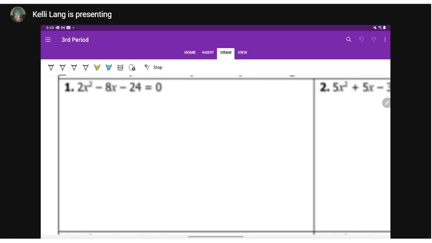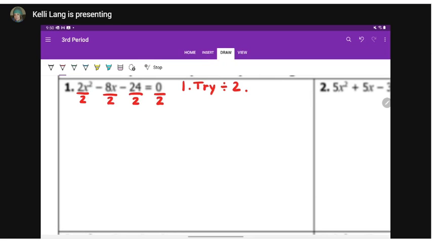When your expression starts with a number, like a 2x squared, the first step we always try is to divide by that number. So I'm going to try to divide my entire expression by 2 to see if it can simplify. We have to divide every term on the left and every term on the right.